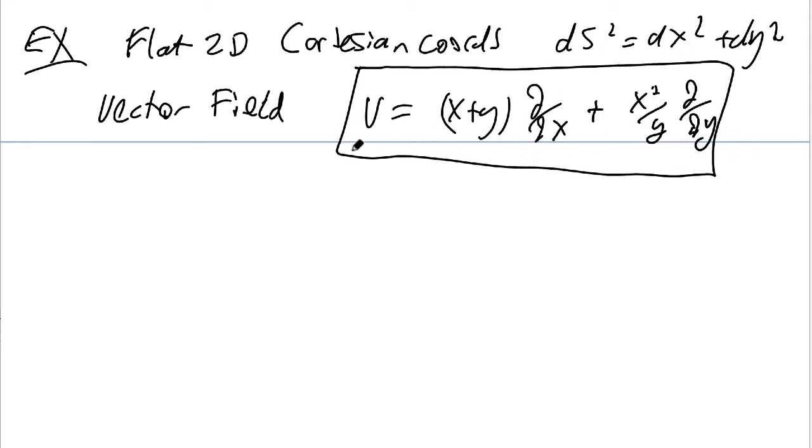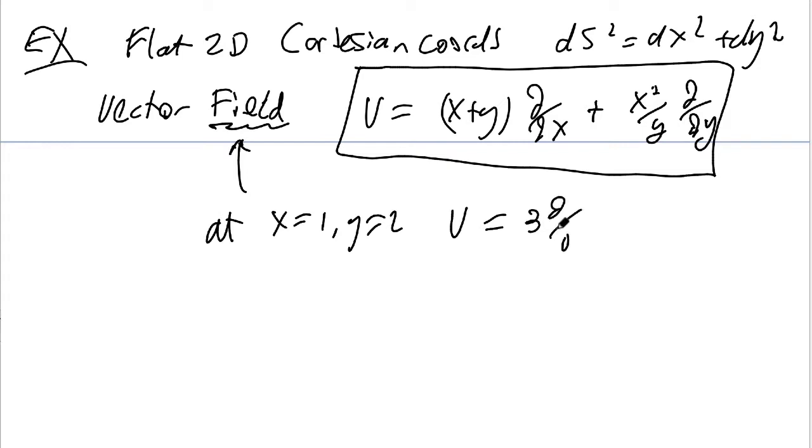Now notice, by the way, this is a vector field. So in other words, it's not a single vector. It's a bunch of vectors, one vector at each point in space. So for example, at x equals 1, y equals 2, v at that point is 3 d by dx plus 1 squared over 2, which is 1/2, d by dy.